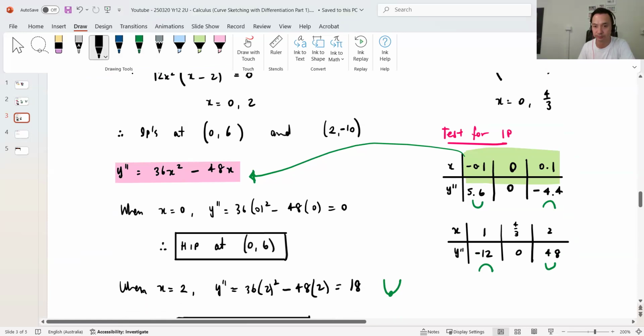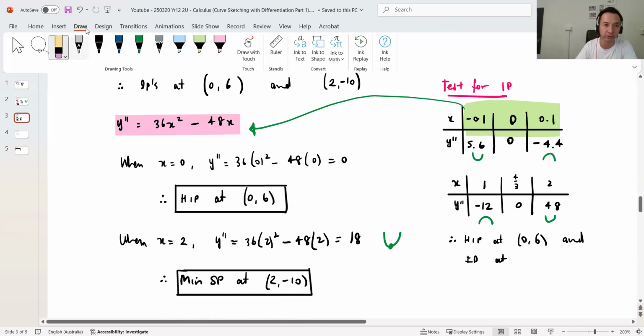Therefore, horizontal inflection point at 0, 6, and inflection point at 4/3, something. If you sub 4/3 in to the original, let me sub it in.